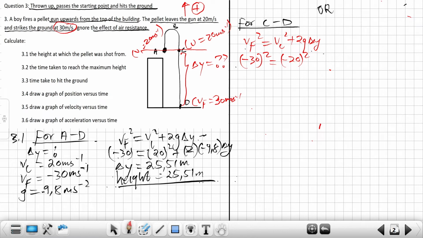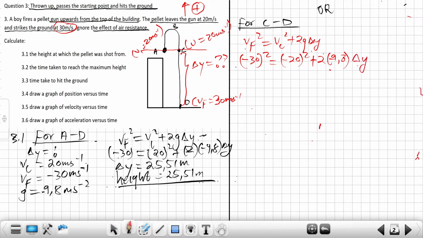Then I will still have plus 2 times minus 9.8, multiplied by delta Y. So doing the calculations, we should get the same answer for delta Y.